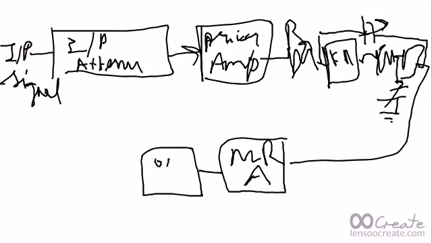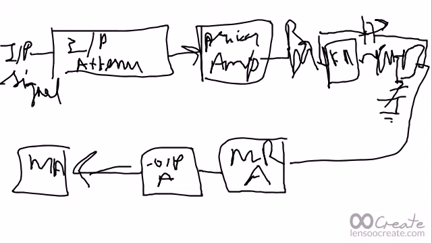Then we have the output amplifier. Then we have the meter amplifier and detector, which goes to the dial output meter.